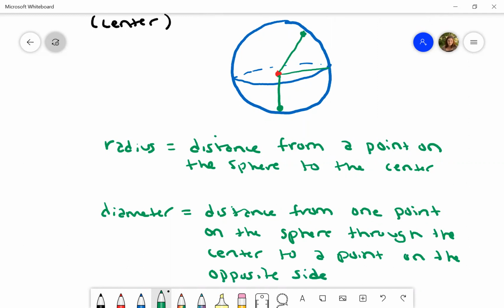Of course, its length would be 2 radii, right? That's the plural of radius.